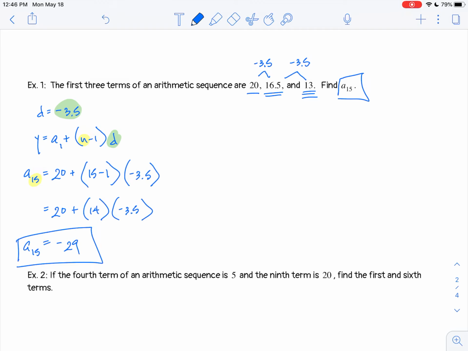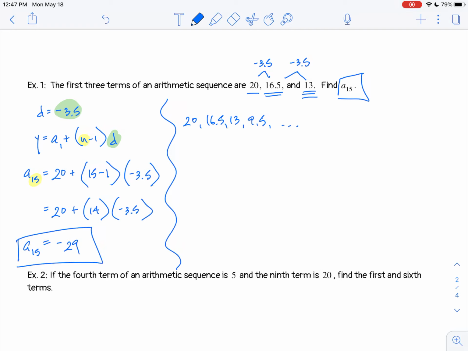Now, you can go ahead and just keep subtracting 3.5. So you do 20, 16.5, 13. What would the next term be? Minus 3.5. It's going to give me 9.5. And I could keep going until I get to the 15th term.